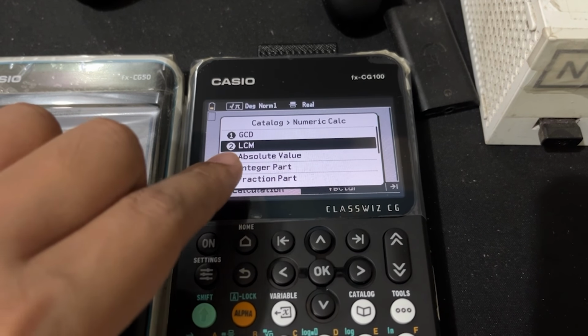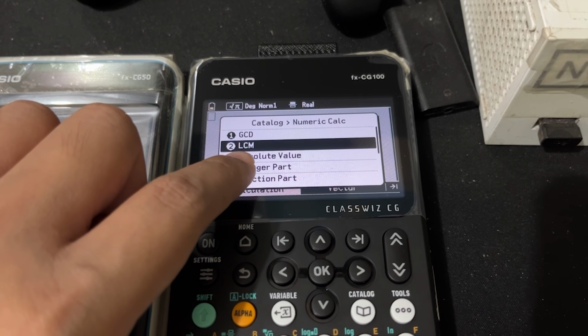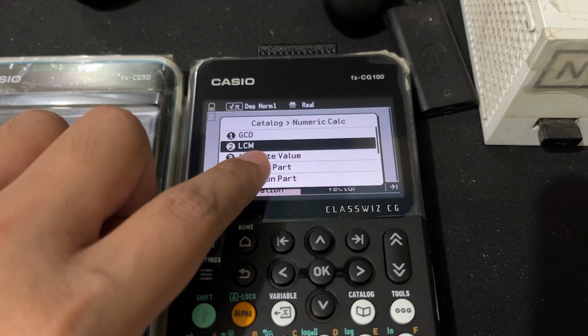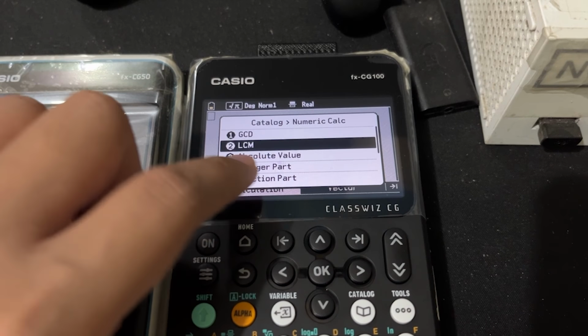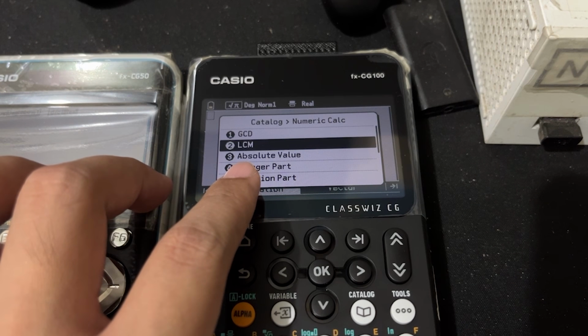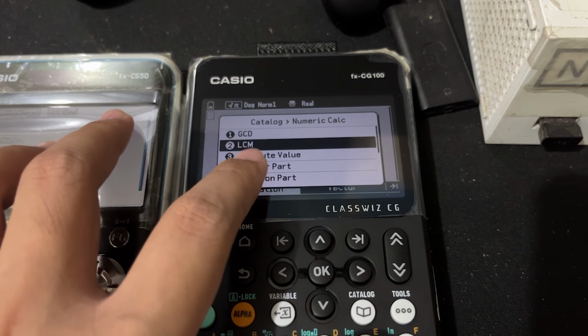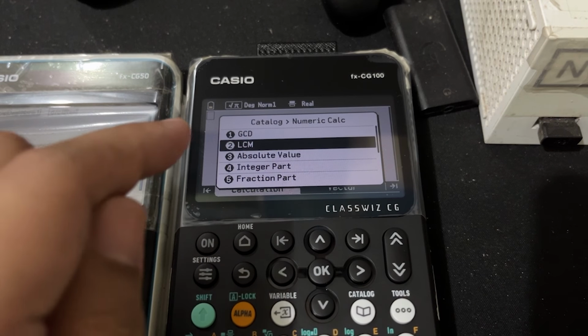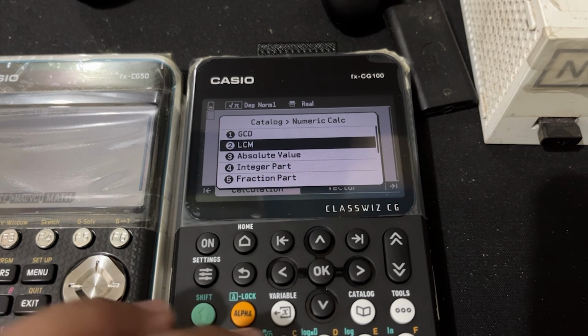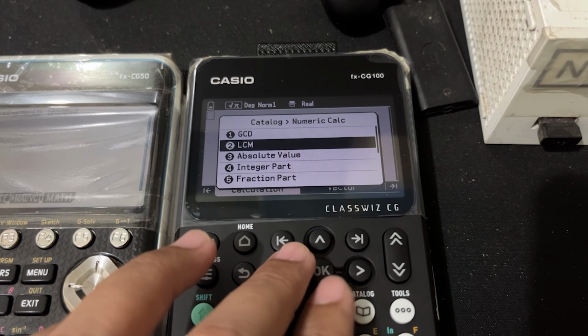I never seen this before. Less common, I don't know what the name is. Yeah, the least common multiple, I saw it in elementary school. GCD, it's greatest common divisor.